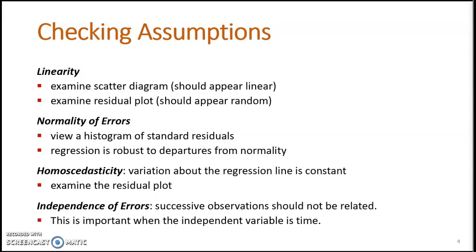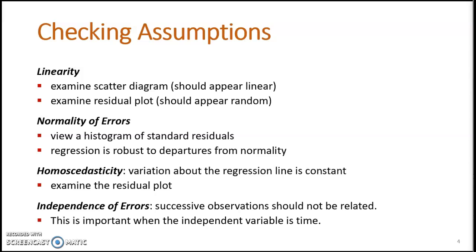It is usually difficult to evaluate normality with small sample sizes. However, regression analysis is fairly robust against departures from normality. So in most cases, this is not a serious issue.